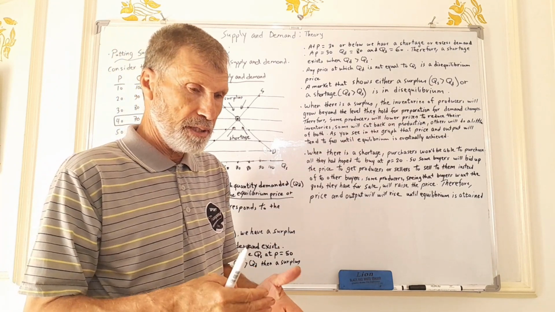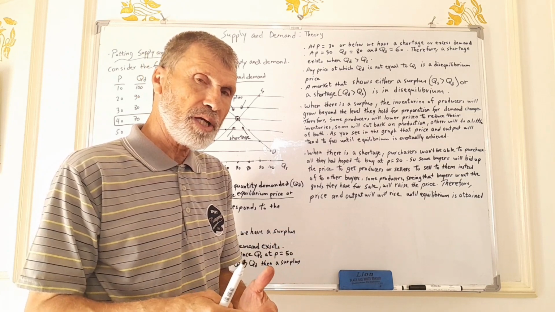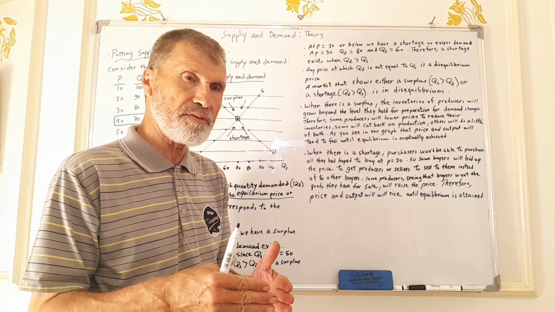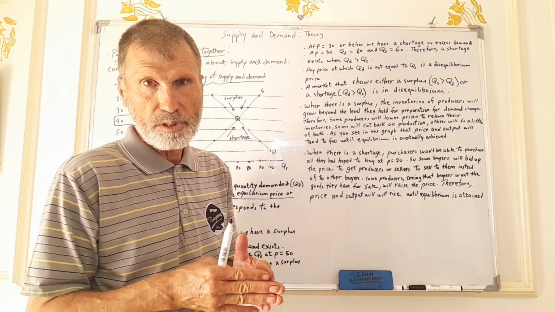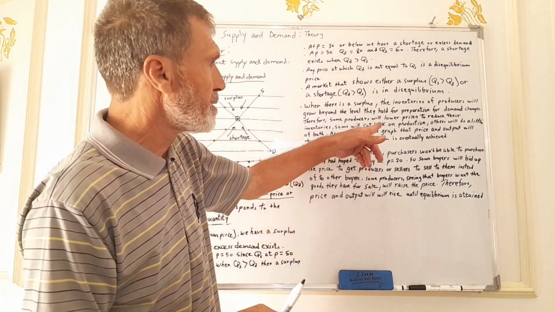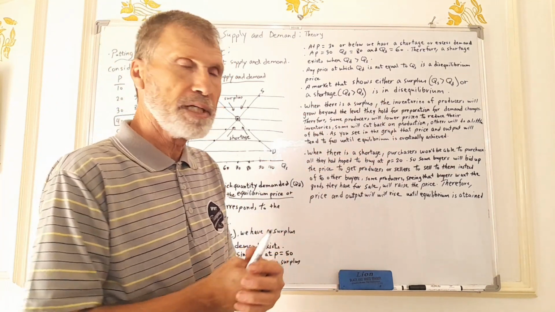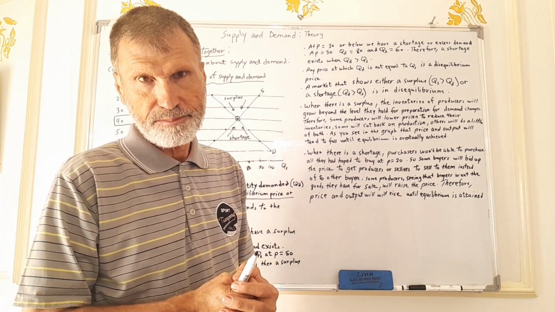Producers are unable to get rid of their inventories. So some will lower the price in order to reduce their inventories.